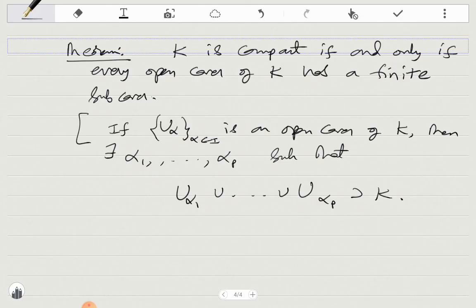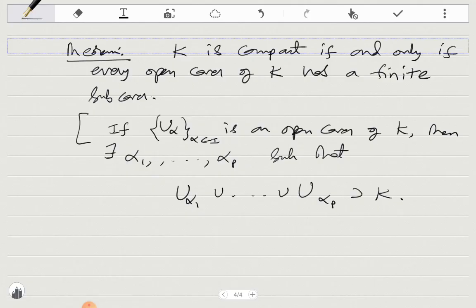We don't know which ones, but there are finitely many which will already do the job of covering K. In other words, whose union contains K. So this is a theorem. It's not entirely obvious. It requires a bit of work. But I assume you would have seen it already. Now, a crucial ingredient in this is the Lebesgue number lemma, Lebesgue number of an open cover.